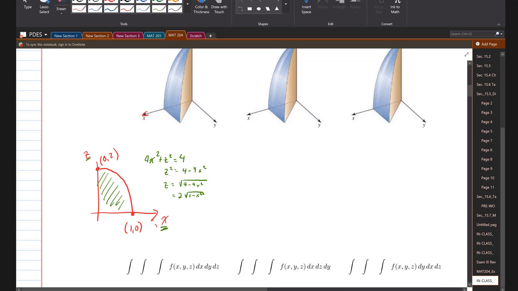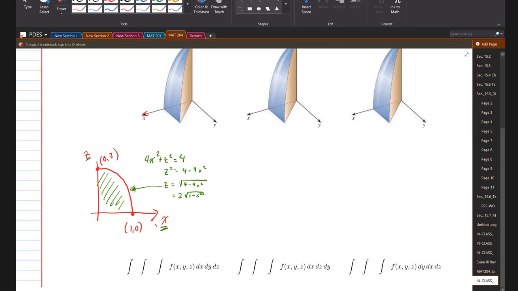That would describe this boundary curve right here if we'd solved it for z. So we're thinking of z as a function of x, or we pick an x value and then find the appropriate z value.